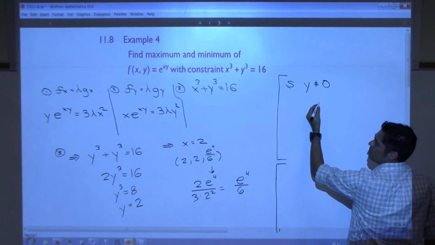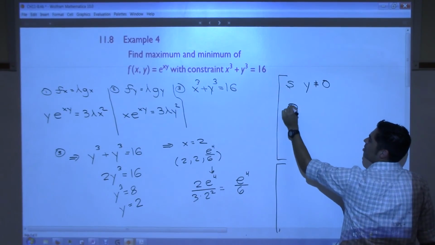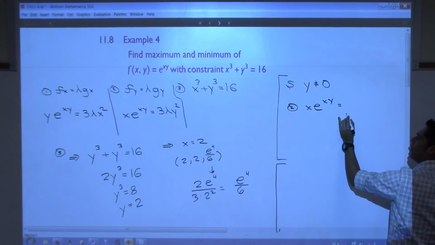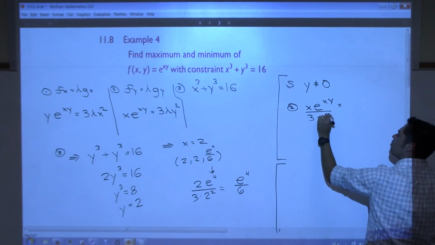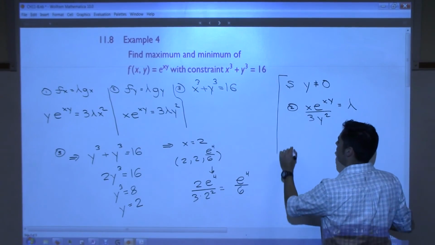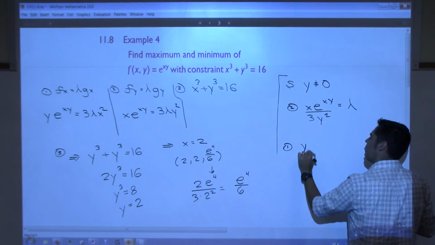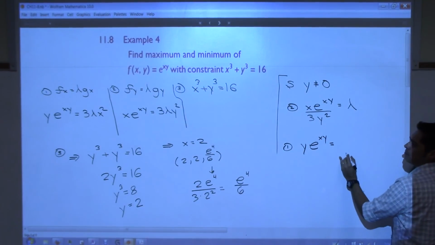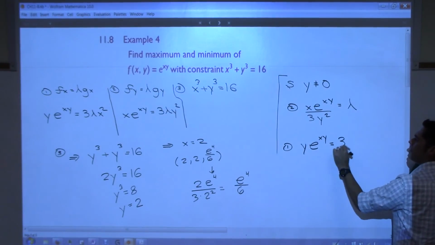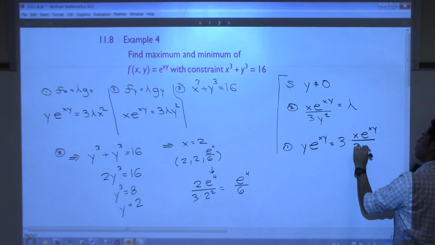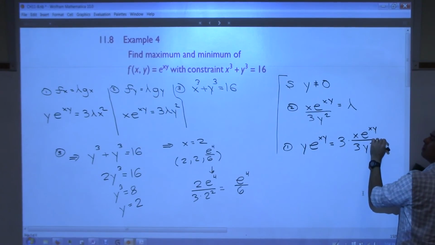Suppose y is not equal to 0. Equation 2 becomes x e to the xy over 3y squared equals lambda. You following? Same sort of logic as before. Then from number 1, I can replace it: y e to the xy equals 3 times lambda, which is x e to the xy over 3y squared times x squared.